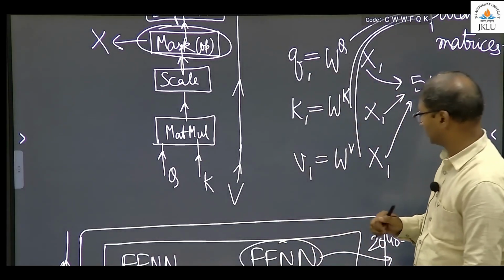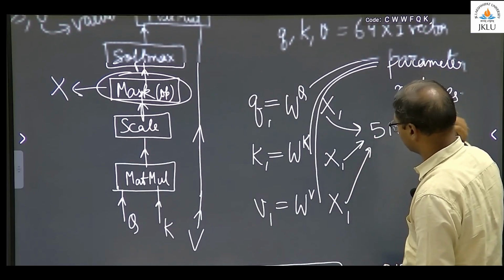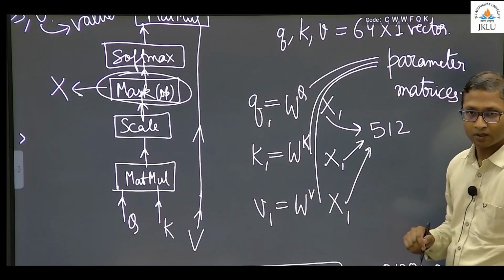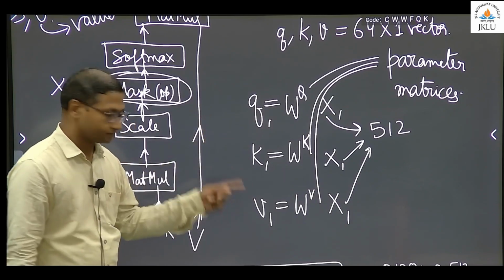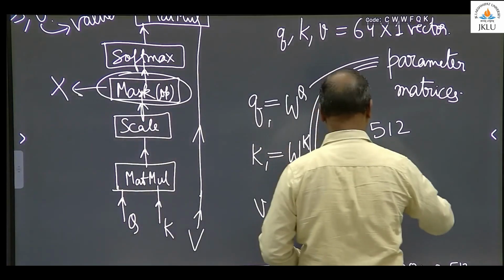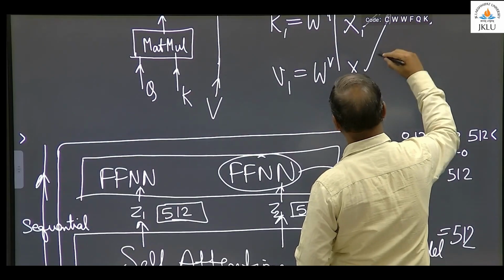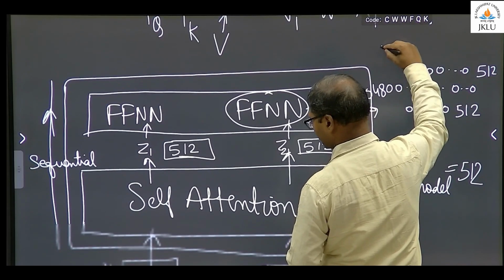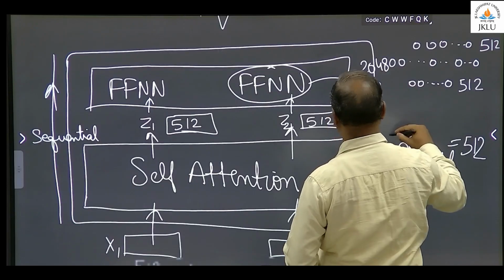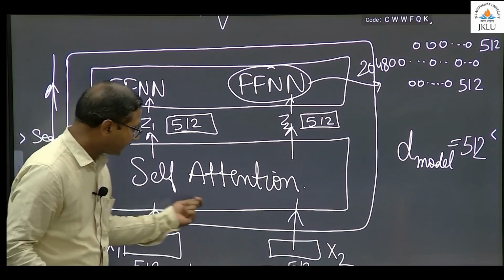So these are the parameter matrices. How are you going to get these three vectors? Let us say you start from here. Now we are going to talk about these three vectors. How many elements here?